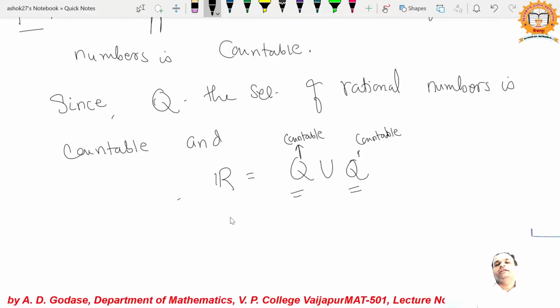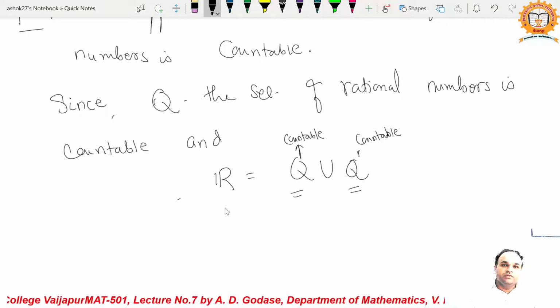Means you write real numbers as countable union countable, and it gives that real numbers will be countable.